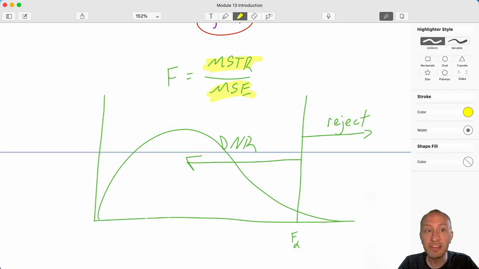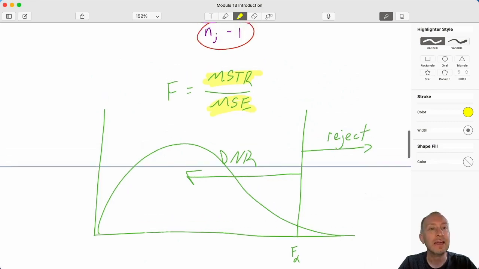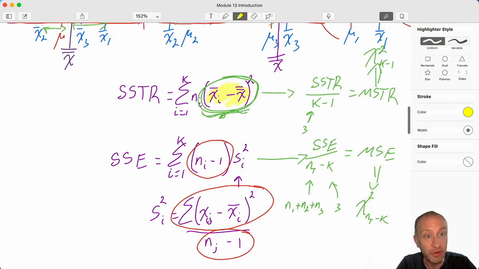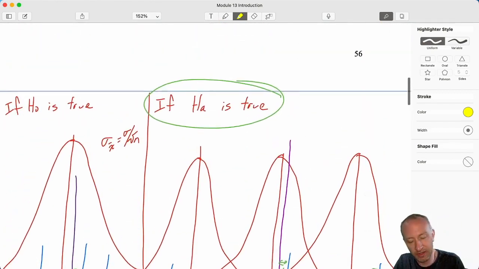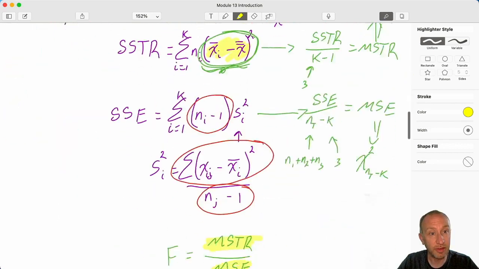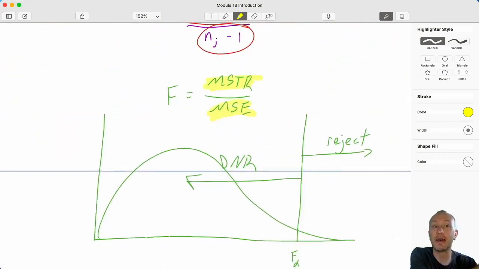Because the only reason why MSTR would be greater than MSE is if it is inflated. It is only inflated when these differences are large, and those differences are large only when the alternative is true. So having that F test with MSTR in the numerator makes this an upper tail test. Is MSTR significantly greater than MSE?